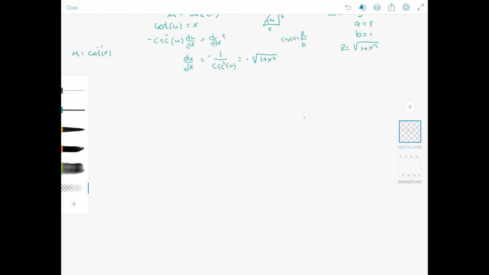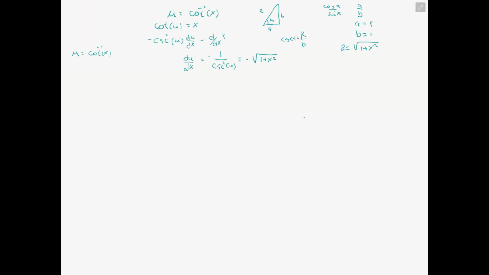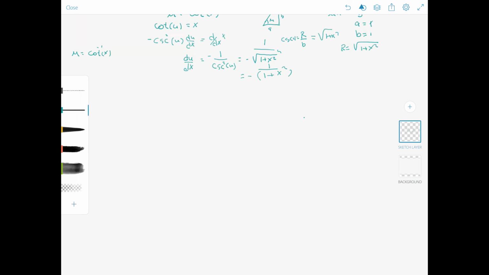Cosecant is r on b. R is that. So cosecant squared is this squared. But R on B is this, 1 plus x squared. So yeah, this is 1 on, 1 on. All right, so we made a mistake here. You have to be careful with these things.